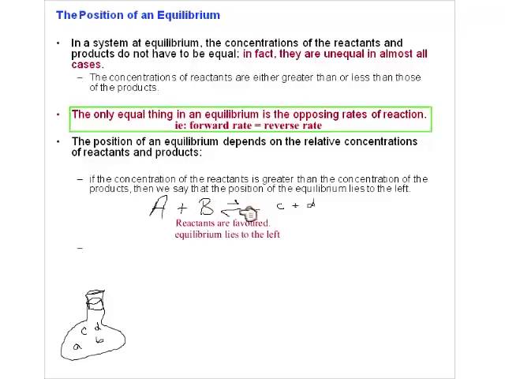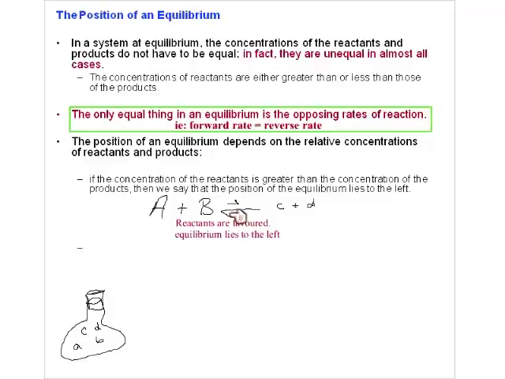So what this is representing is the side that this reaction system is tipping towards. So in other words, as this reaction goes back and forth, it's going to be producing more A and B relative to the amount of C and D that's in the container. So what we're saying here is the reactants are favored because they're a larger concentration, and the equilibrium is going to lie to the left.